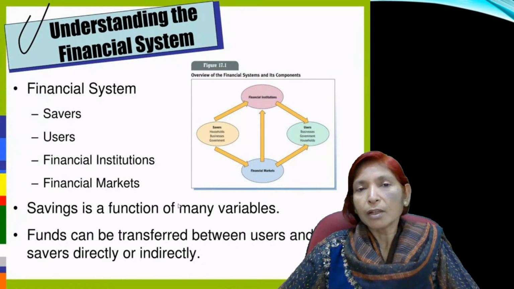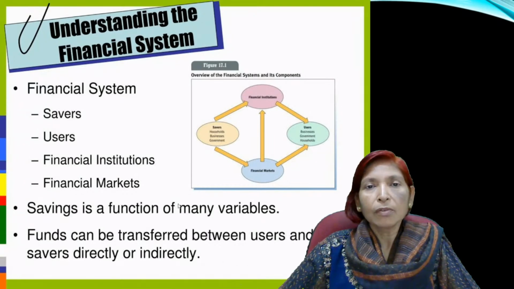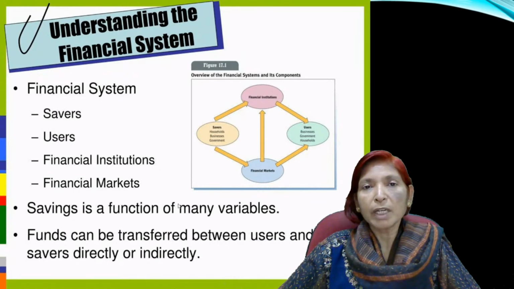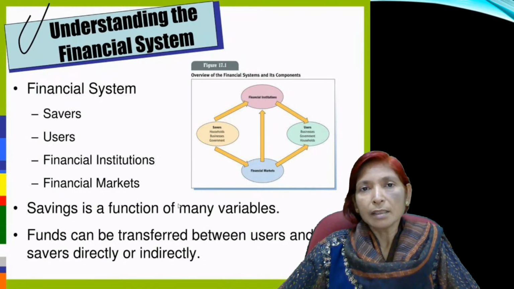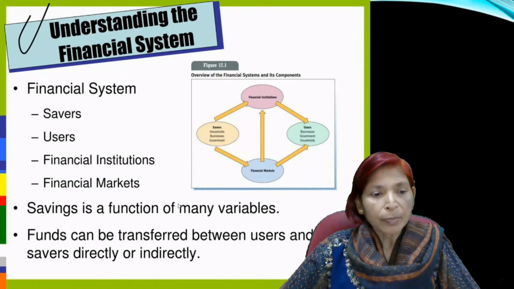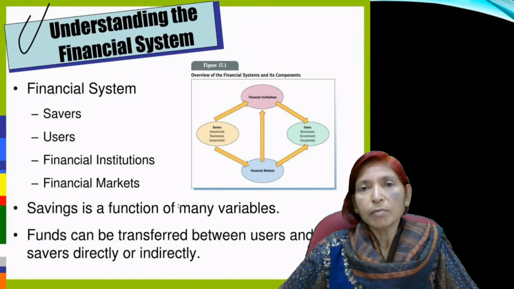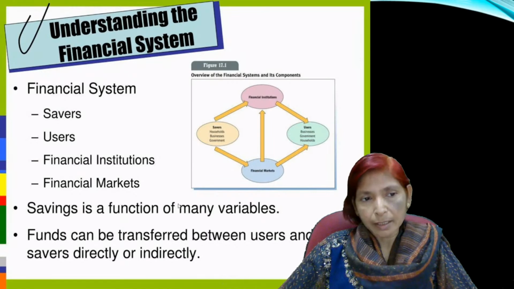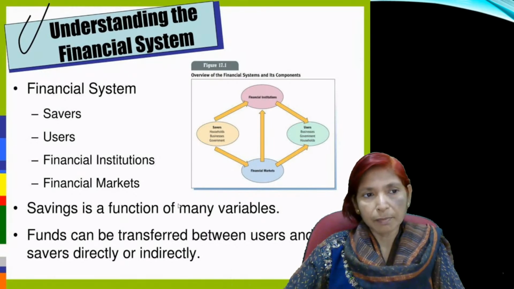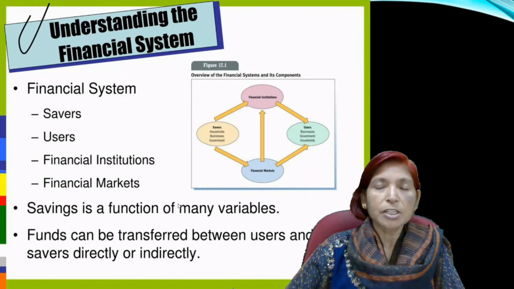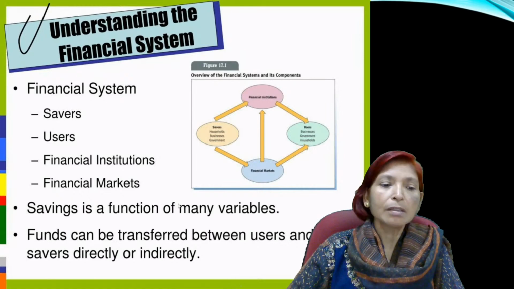Savers can save their money in banks, securities, or other instruments of the financial market. So funds can be easily transferred between users and savers, directly or indirectly. The financial system mainly tells us about savers, users, financial institutions, and financial markets.